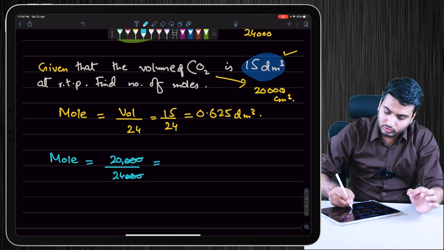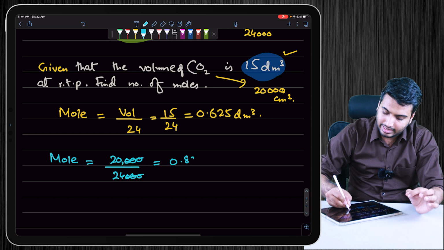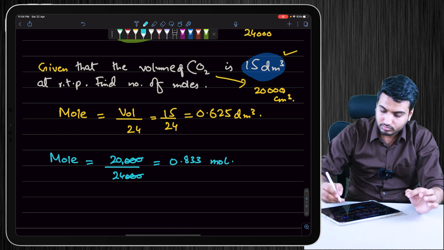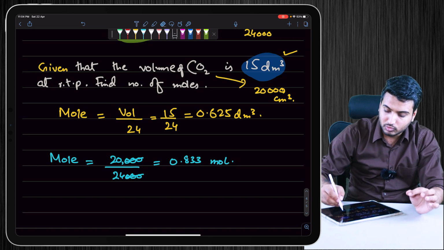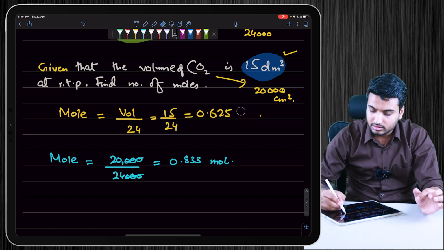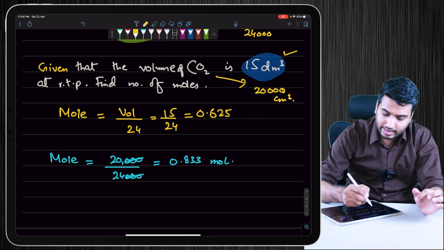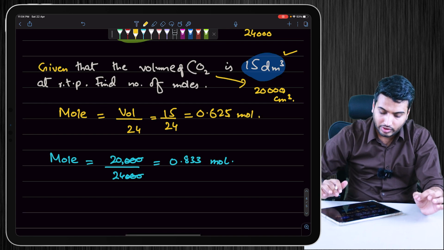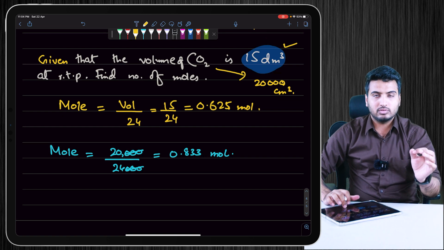Now the unit would be moles. Sorry, the unit here is moles as well. It is not dm cube as we were finding moles, so it is 0.625 moles.